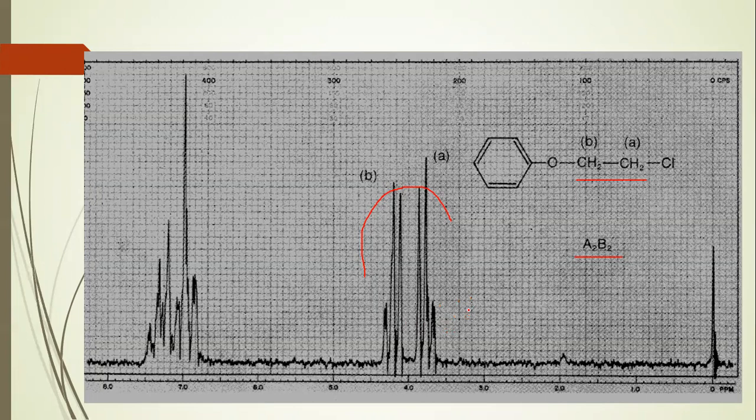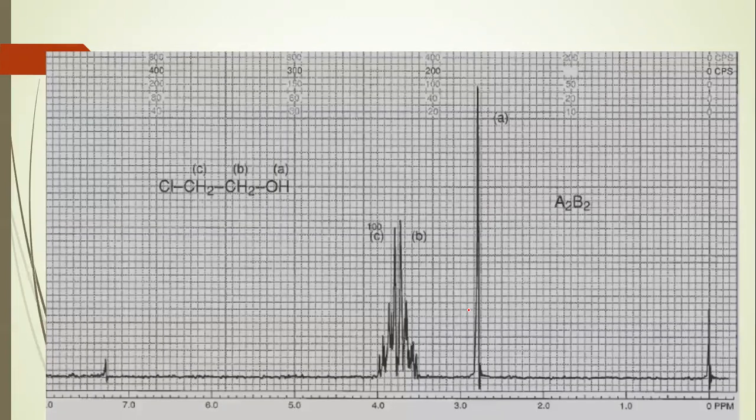Now see one factor, the difference in the chemical shift value. As it changes, the appearance of the signal also changes. Look at this example where the methylenes are attached to electronegative elements. One methylene is attached to chlorine and the other methylene is attached to OH or oxygen. So the chemical shift values are very close, and see the signals.